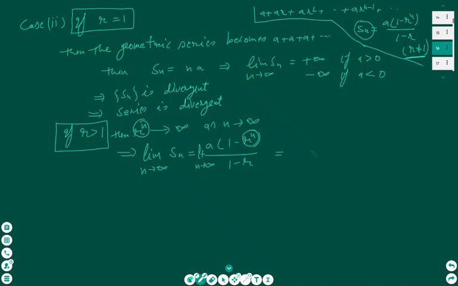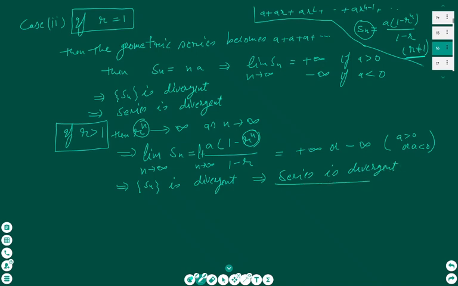this limit is equal to plus infinity or minus infinity, depending upon whether a is positive or negative. This implies the sequence of partial sums is divergent, and that implies the series is divergent.